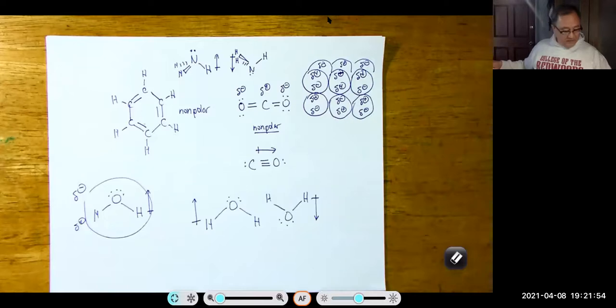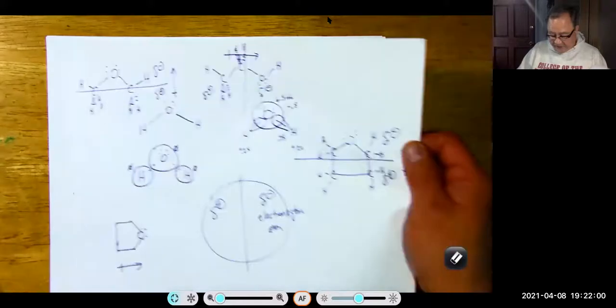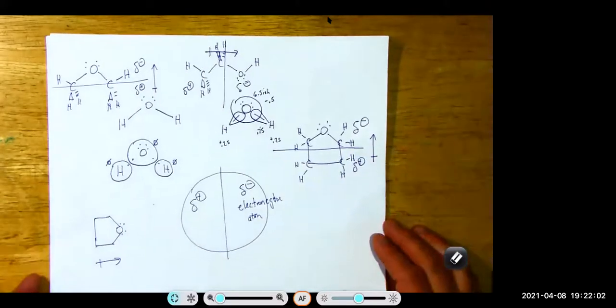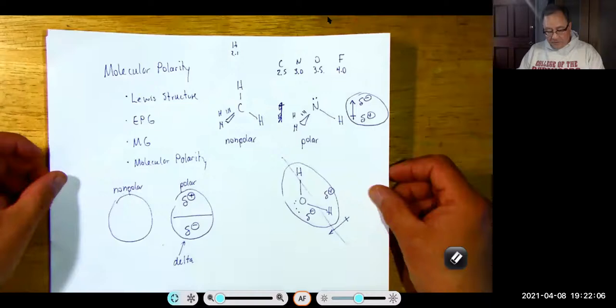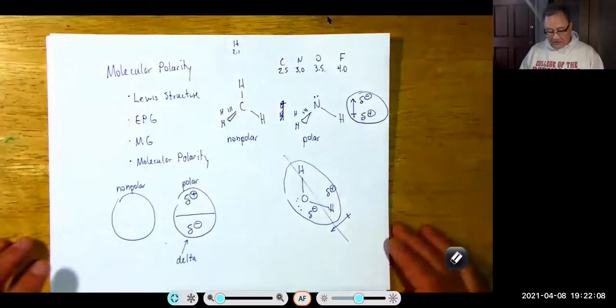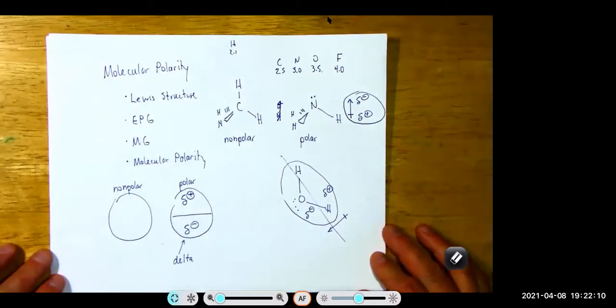And then tell me when you're done. That's the last page. This was the second page. Yeah, I'm done with the second page. And this was the first page where we were talking about molecular polarity. Yeah, so I just need that one. And I got that one.